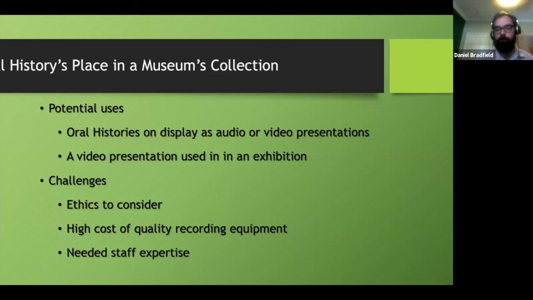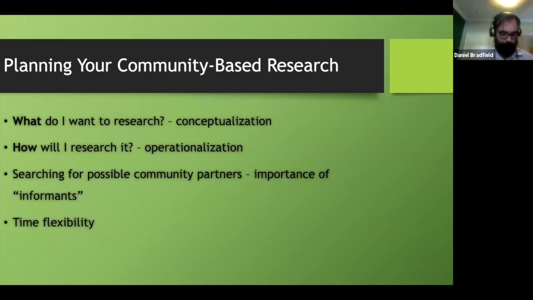Okay, so the next part is about planning your community-based research. How do you start working on a specific oral history collection? As a few words of introduction to this slide, I understand that, especially if you work in a museum environment, oral history collection is not the same as research.